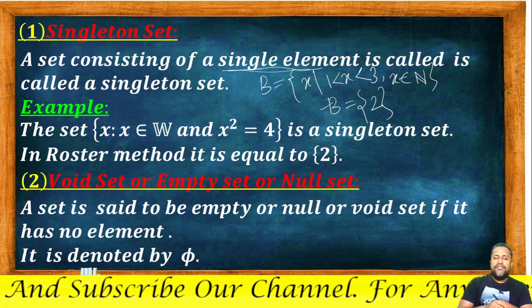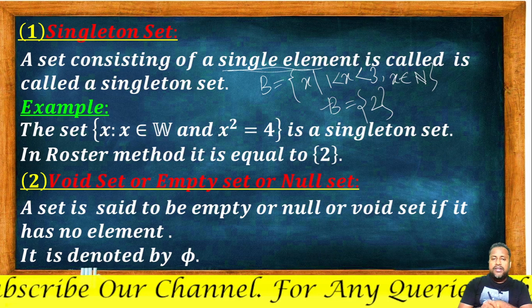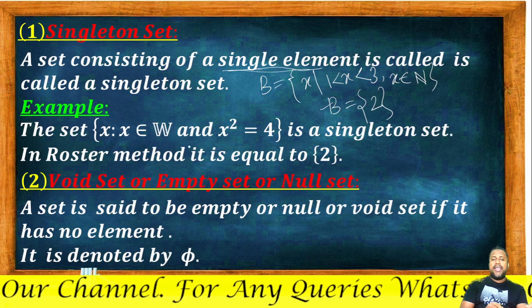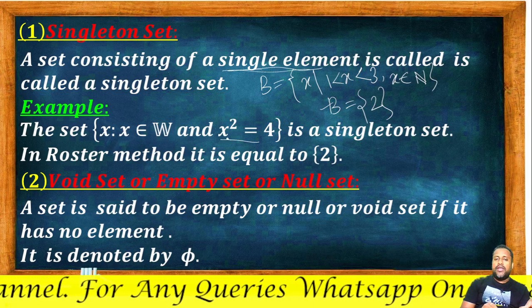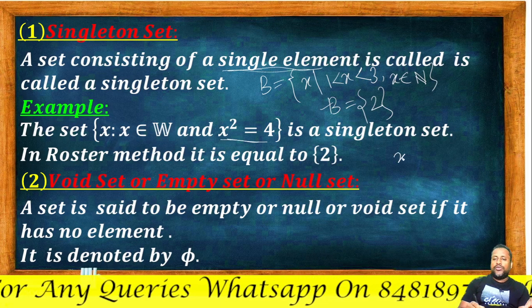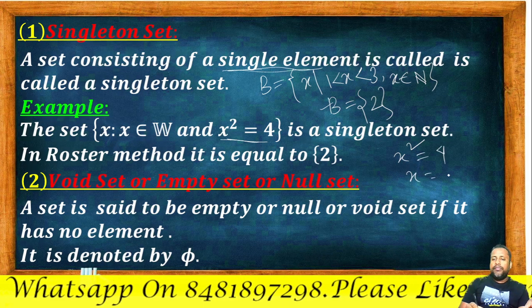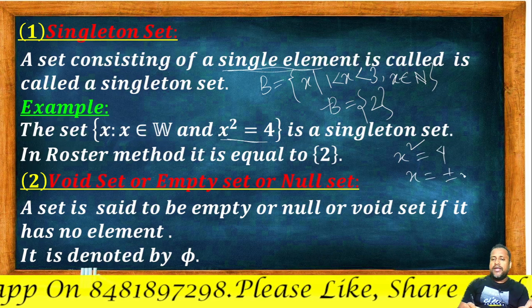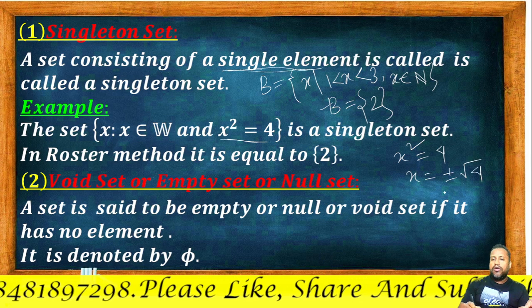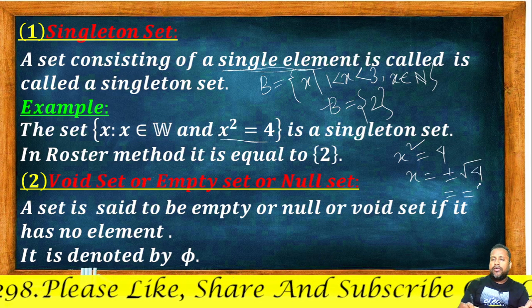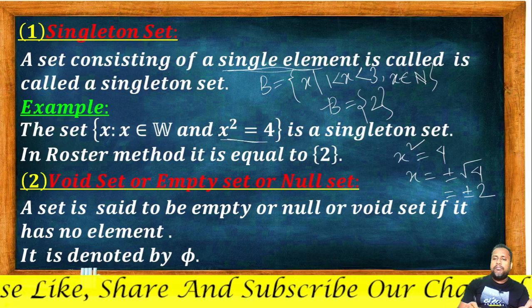Here I have given another example: x such that x belongs to W and x square equal to 4. So x square equal to 4 means x will be plus minus root over 4, that means x will be plus 2 and minus 2.